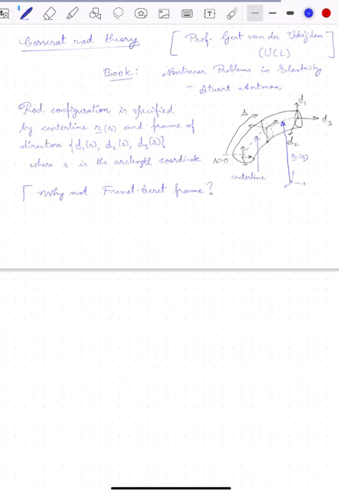Given a unit speed curve gamma of s, what we learned there is that the tangent vector T of s was equal to d gamma vector by ds.